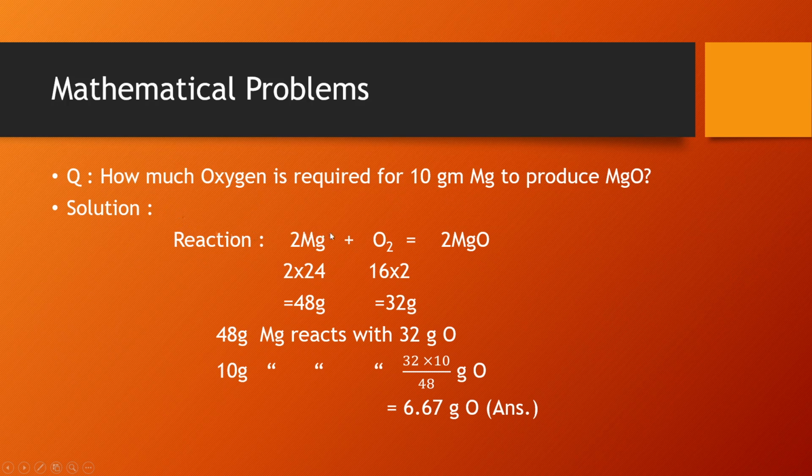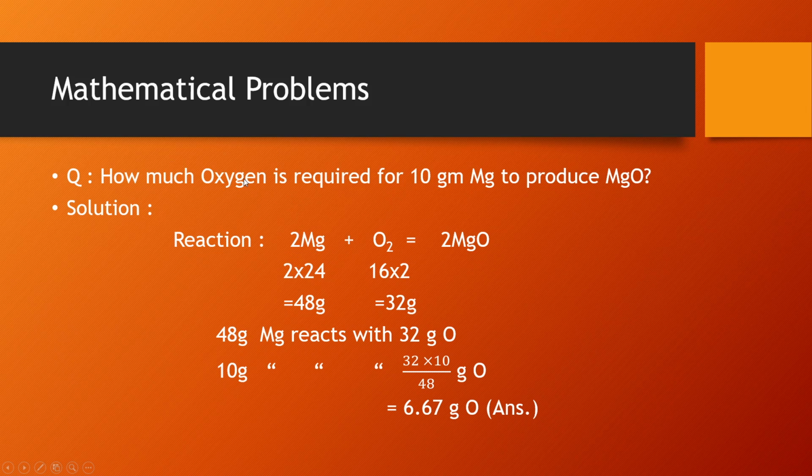So the solution will be like this. We have to write down the reaction at first, always, and then we have to balance the reaction. This is the main requirement to solve stoichiometric problems. First of all, we have to write the reaction by understanding the question, and we have to also balance the reaction. If we do not balance the reaction, the mathematical problem will not be correct and it will be wrong.